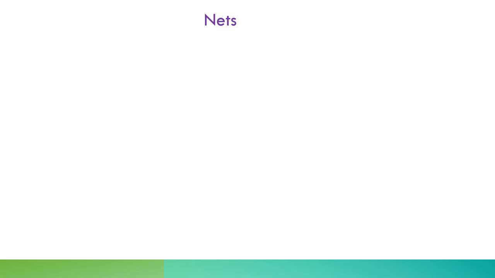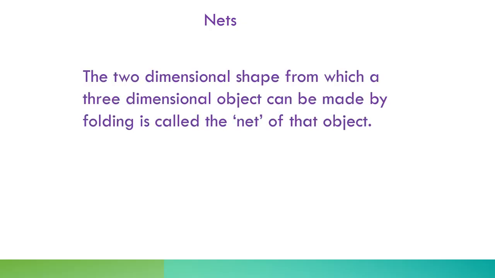It is also coming again under visualization. The 2-dimensional shape from which a 3-dimensional object can be made by folding is called net of that object. नहीं समझा. We are having a 2-dimensional shape, having a length, breadth, we can say, and from which a 3-dimensional object can be made. तो इसको fold करके you can make a 3-dimensional object, not from everything.